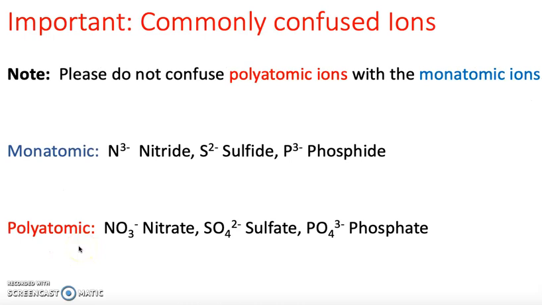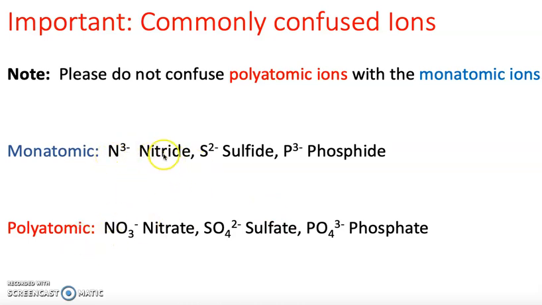Now, one very important note, and I can't stress this enough. There are monatomic ions and there are polyatomic ions. Polyatomic ions are the ones found on a table that have more than one atom bonded to each other. Monatomic ions are one single element that gains or loses an electron. For example, N3- is a nitride.